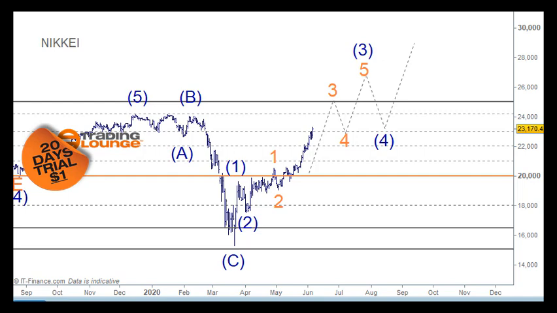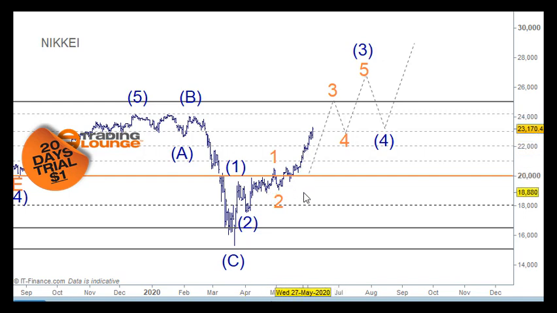And look, I just want to start with the Nikkei here because the move up through here is quite easily displayed as wave 1 here and 2 here and 1 here and 2 here. So we're going into this nice third wave here.